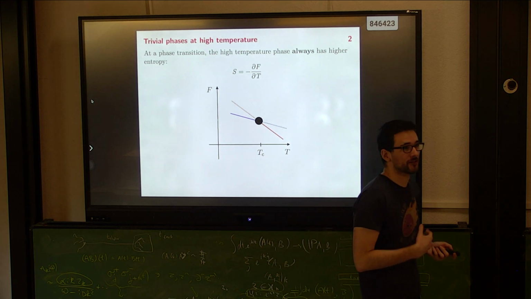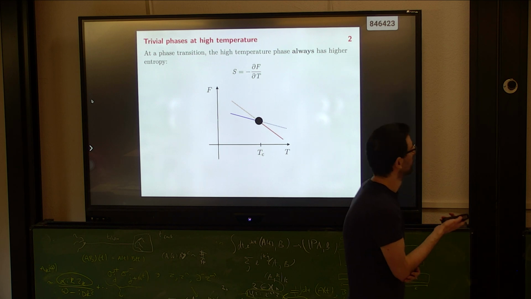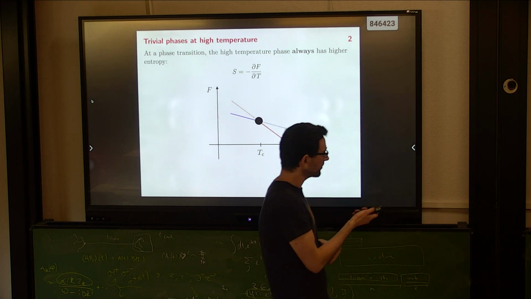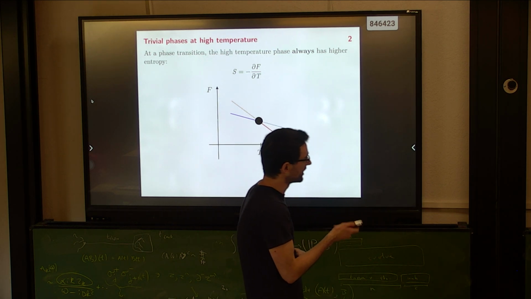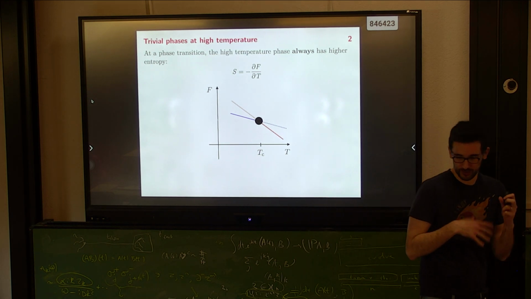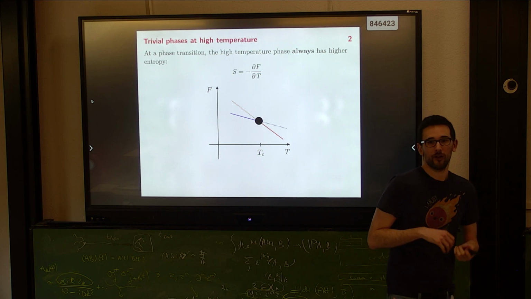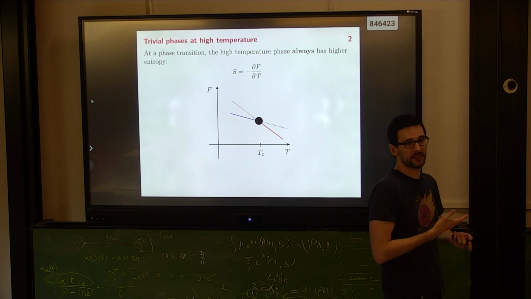We can follow this line of thermodynamic reasoning a little bit farther. At a phase transition, if we start heating a system up, at some critical temperature Tc, we transition from one phase in blue to another phase in red. Remember that we're always minimizing the free energy.